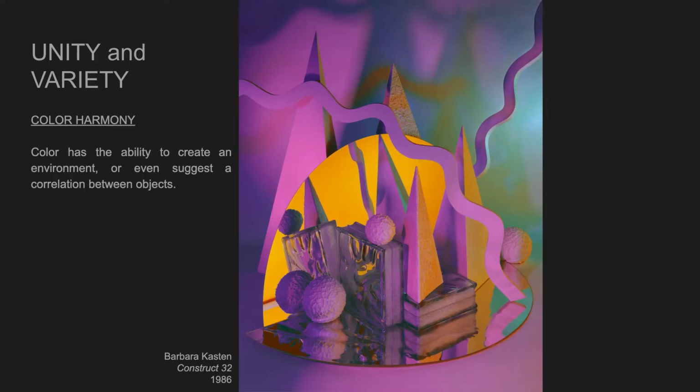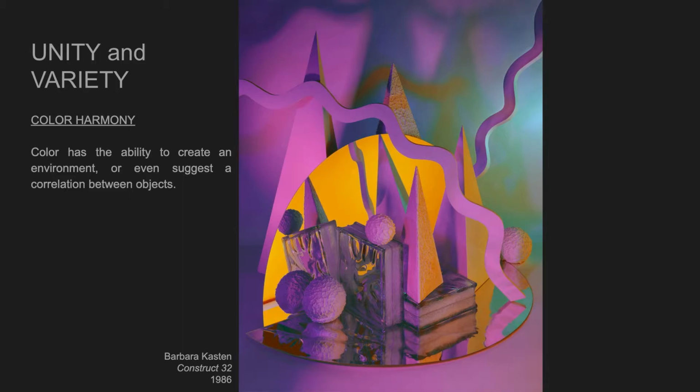Color harmony creates unity. Color has the ability to create an environment or even suggest a correlation between objects. This is a Chicago artist, a woman who's now in her 90s, Barbara Kasten. Anyway, she's a photographer, and what you're looking at is a photograph.